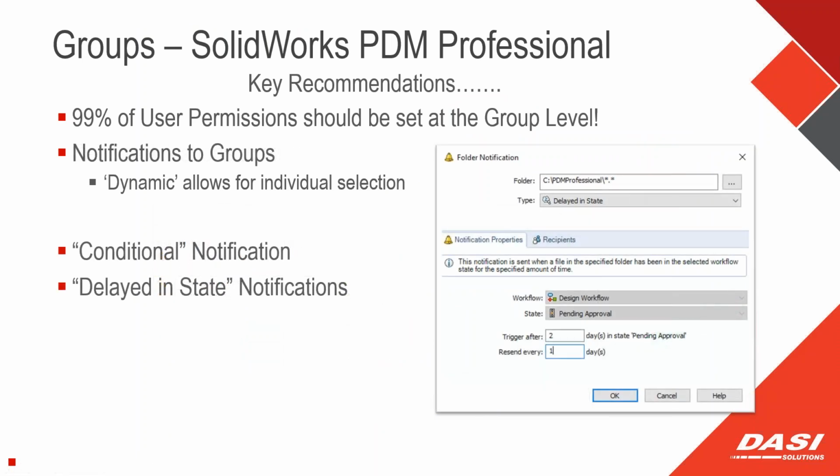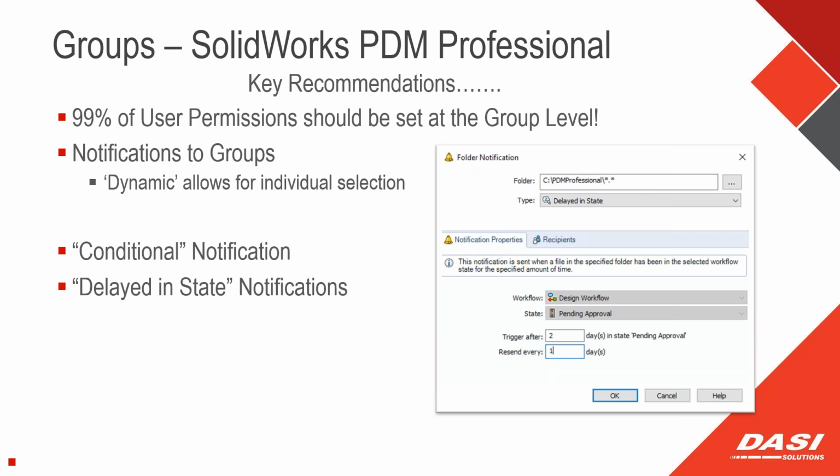Now, two things that are very powerful when it comes to this are conditional notifications and delayed in state notifications. Conditional is relatively new. It's only within the last couple of releases of SolidWorks. And that actually allows us to make notifications variable based on things like the value that's in a data card cell.